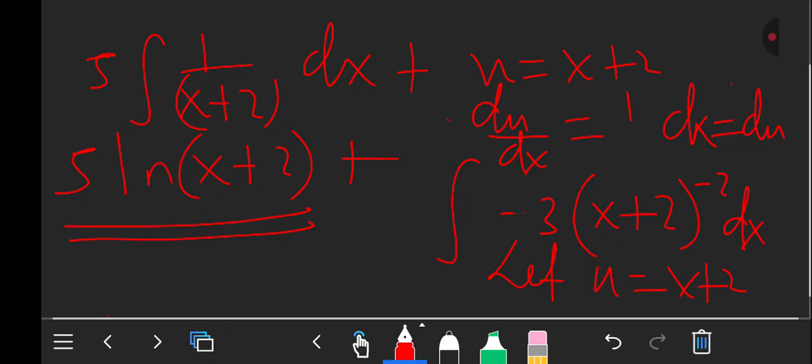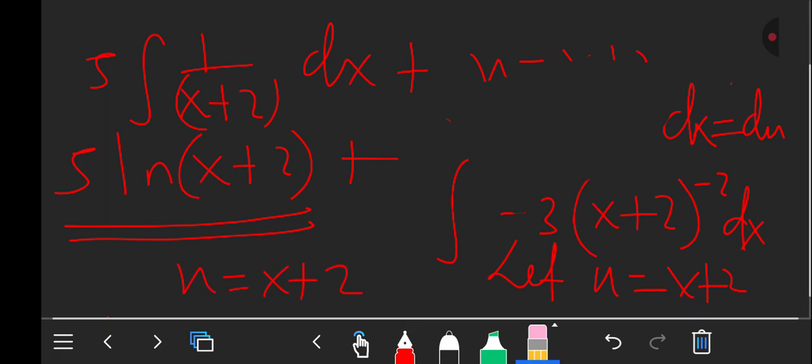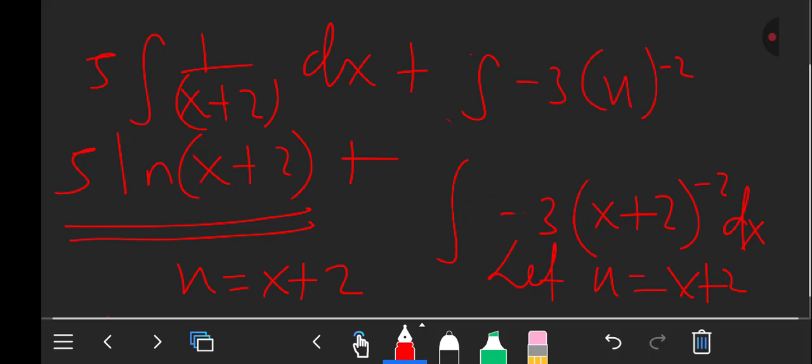Okay, so I can now substitute in this equation. Since dx is equal to du, I'll substitute. Remember, our u is equal to x plus 2. Let's now substitute. So I'll say integral of -3 open bracket u to the power -2, then where there is dx, we said dx is equal to du.